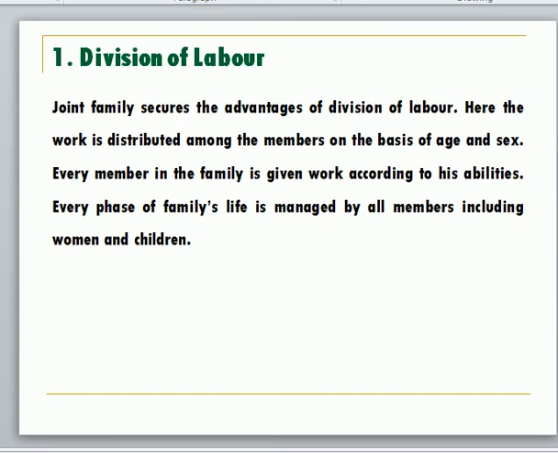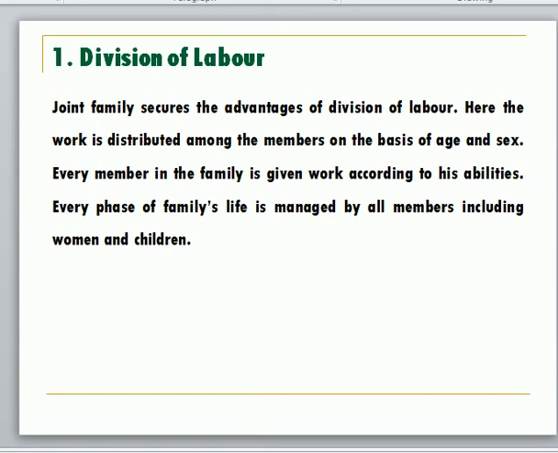For example, division of labor. In a joint family, we secure the advantage of division of labor. Here, the work is distributed among the members on the basis of age and sex. Every member in the family is given work according to his abilities.